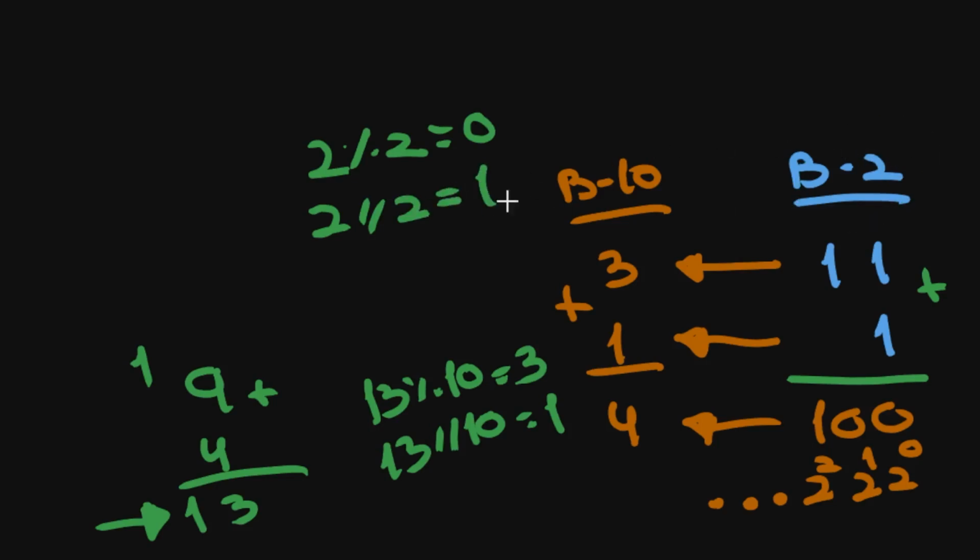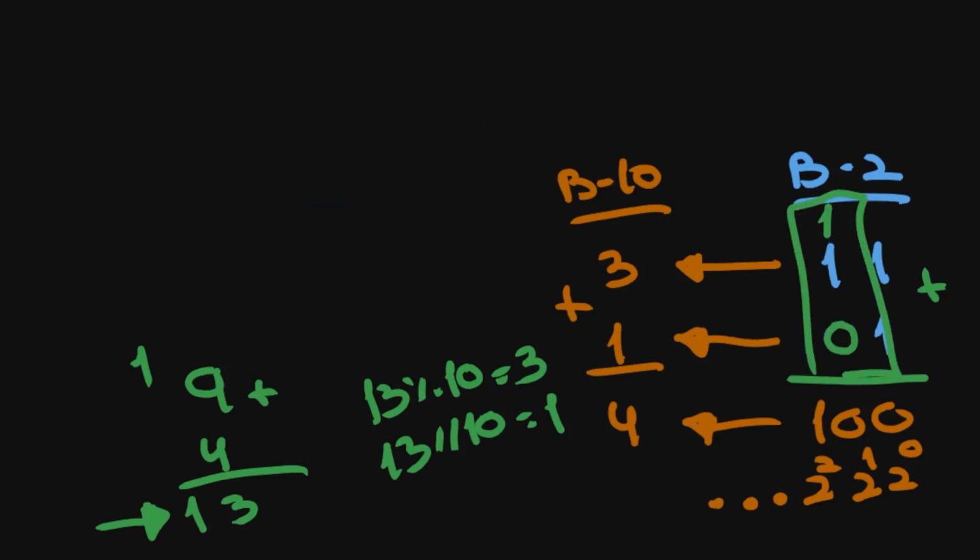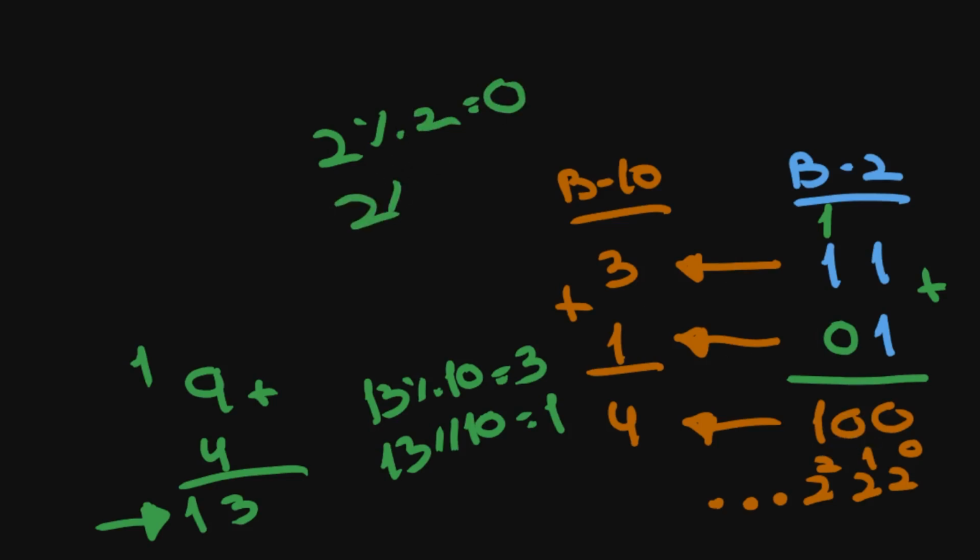And this is 1, so we carry 1. Here we have a 0, by the way. Now we are at this position, and 1 plus 1 plus 0 is 2. This modulo 2 is 0, that's this 0, and 2 divided by 2 is 1, so we carry 1 for the next position. Here we have zeros.